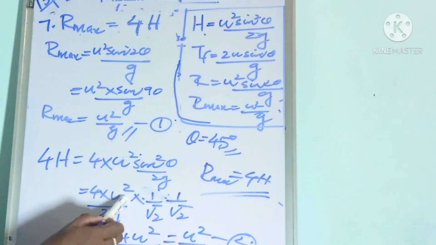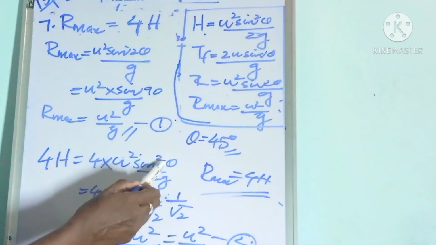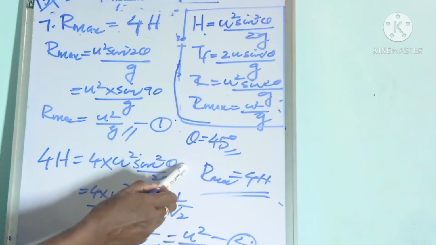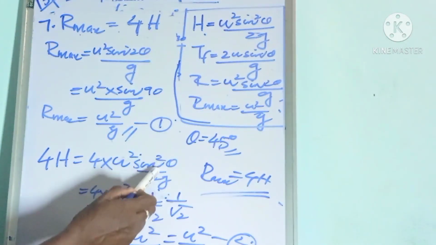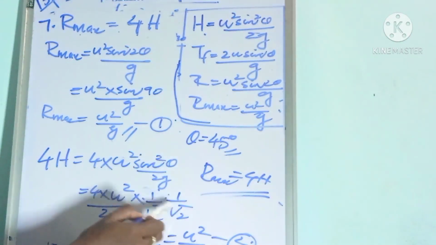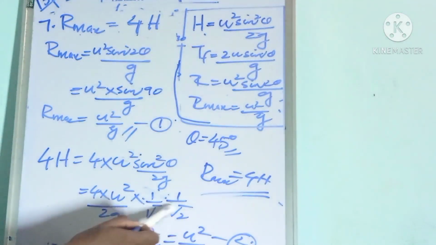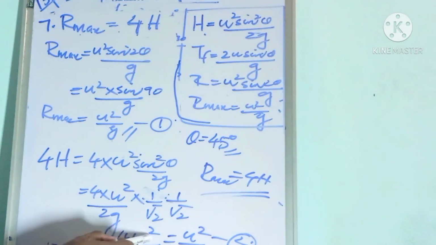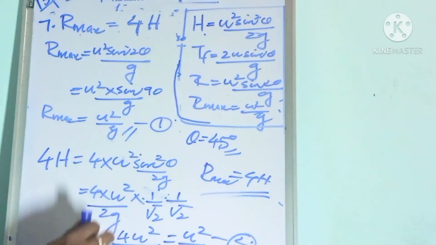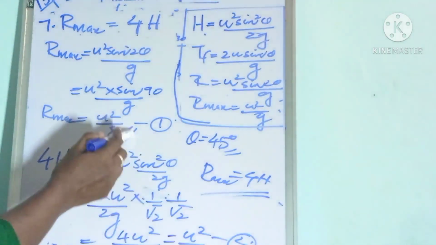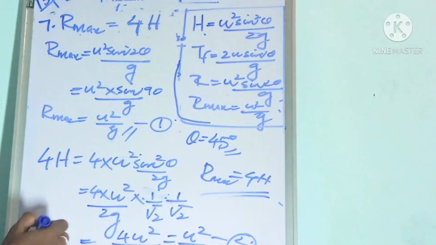With theta as 45 degrees, sin 45 is 1 by root 2, again 1 by root 2. Root 2 into root 2 is 2, so 4 u square by 4g is u square by g. Thus, comparing equations 1 and 2, we write R maximum equal to 4h.